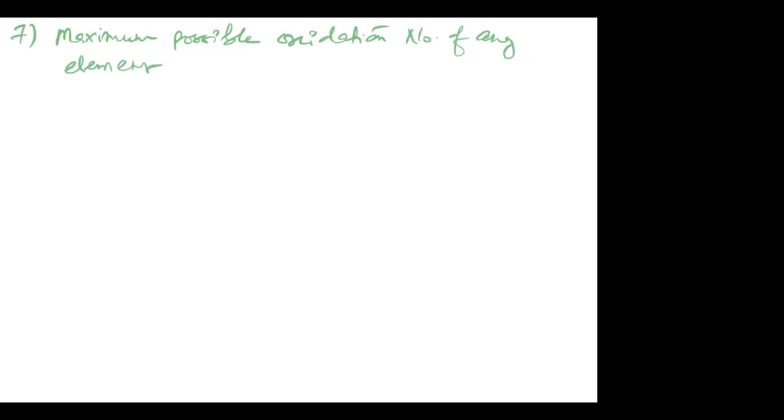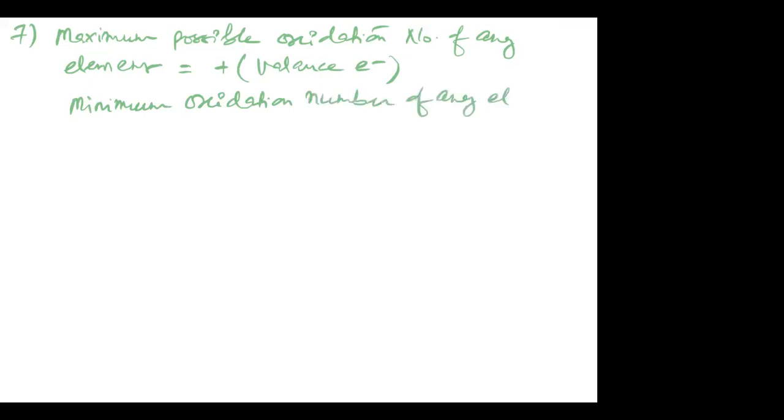The maximum possible oxidation number of any element is equal to plus its valence electrons, and similarly the minimum oxidation number of any element is minus of 8 minus the valence electrons. So the maximum possible oxidation number of any element equals plus the valence electrons, and the minimum oxidation number equals minus of 8 minus the valence electrons.